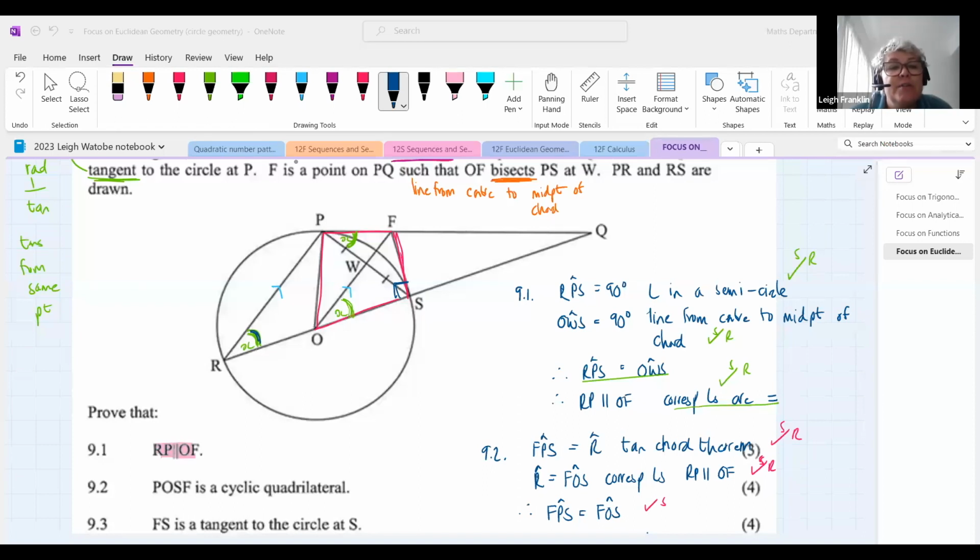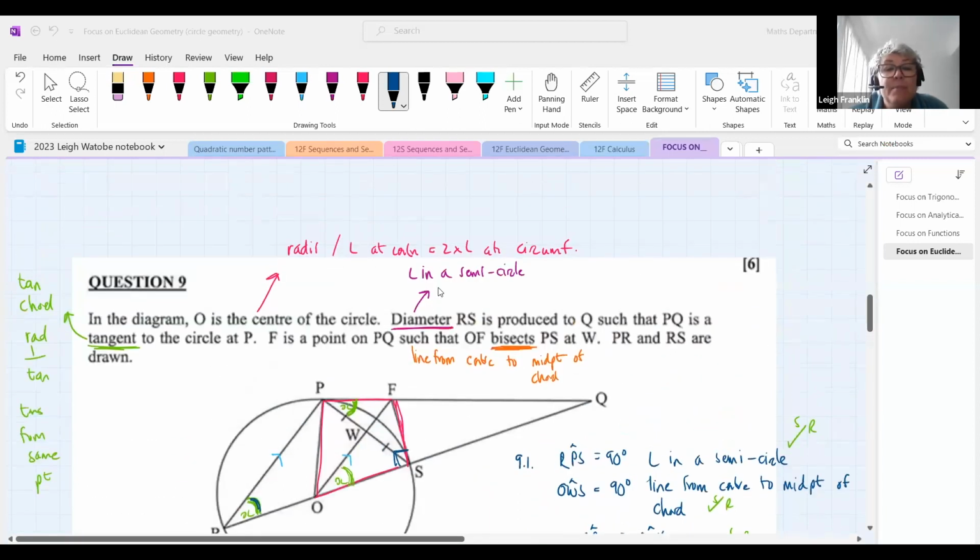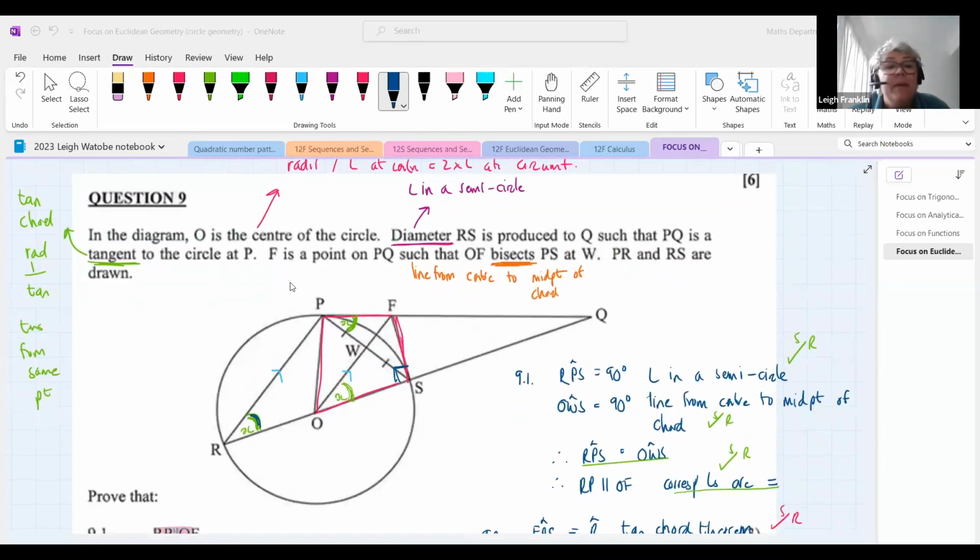Everybody knows this. Remember they told us in the beginning that PQ is a tangent. We know that O is the center of the circle. So what can we say about OP and PQ? What can we say about OP and PQ, everybody?